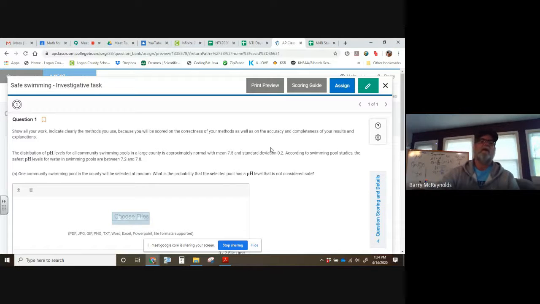First of all, the safe zone for pH in the pools is between 7.2 and 7.8. So the first question is, what's the probability that it is not considered safe? So it's outside that range, which means this is a two-tailed problem. You have to consider it being below 7.2 and at the same time above 7.8.